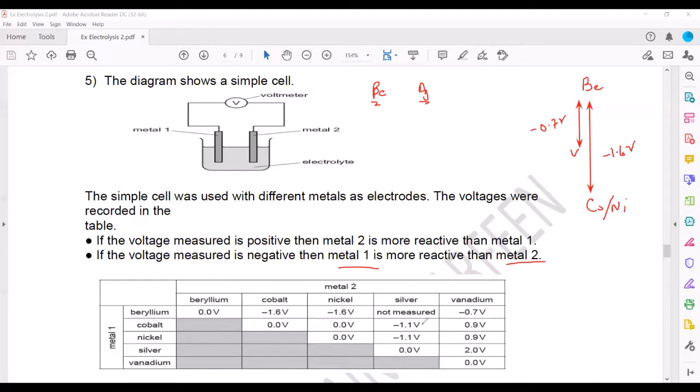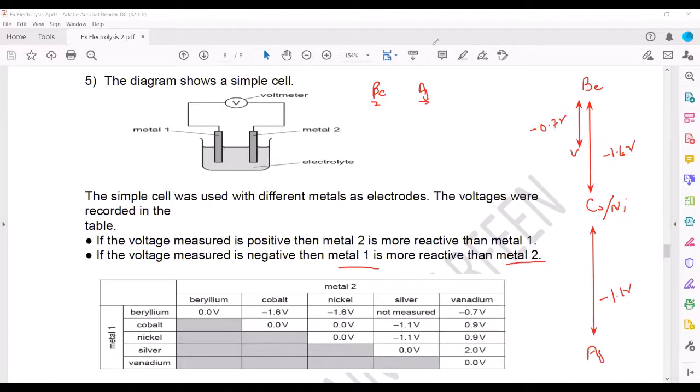If we use cobalt and silver, when we measure cobalt and silver, because negative voltage means metal 1 is more reactive, it means cobalt is more reactive than silver. So silver will be below and cobalt will be up, and the voltage is minus 1.1.